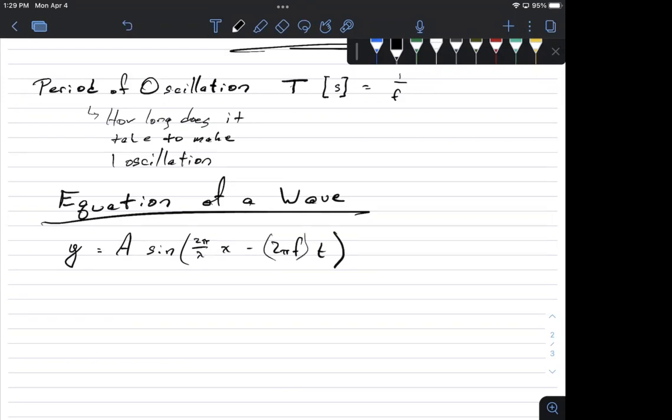Okay, so let me explain what this says. First of all, this y, the thing you're solving for, is the height of the wave at a certain position and time.